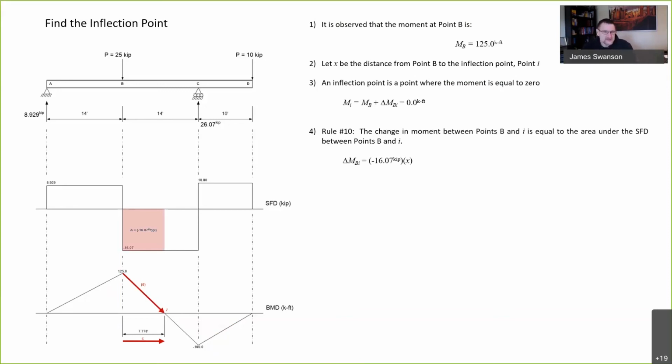So if we substitute that into our equation, the moment at I is equal to 125 kip feet plus a negative 16 times x, which is equal to 0. So now you can solve for that dimension x, and you find that the inflection point occurs at a distance of 7.778 feet from point B.